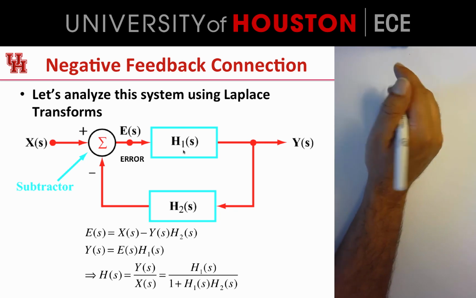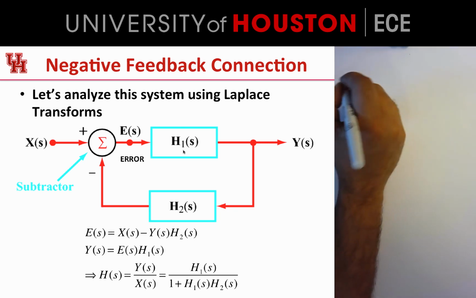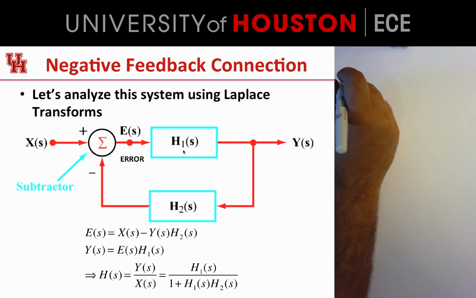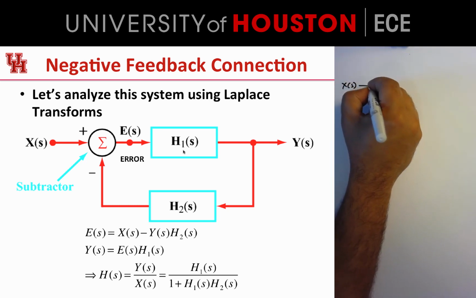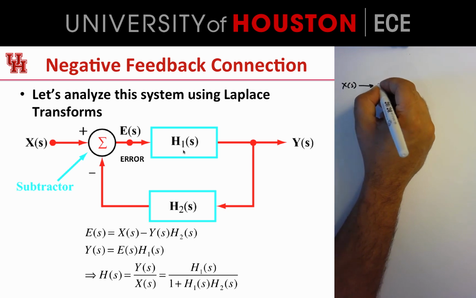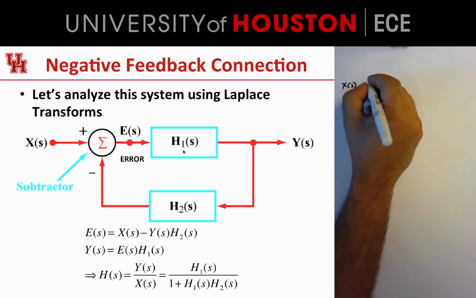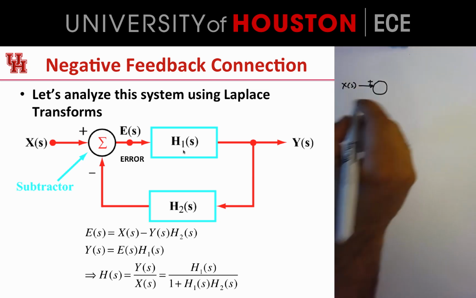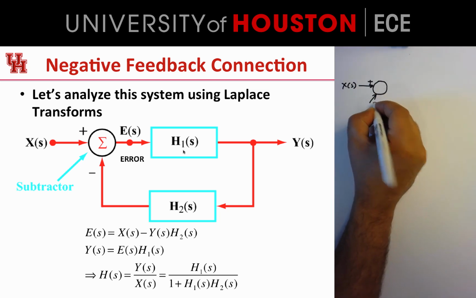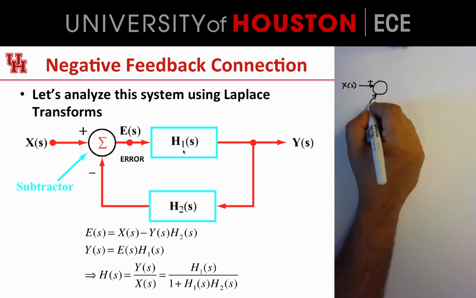One of these particular systems is called a control system. The idea is that suppose you have an input X of S. You feed it into a differential amplifier, so this one goes in with a plus sign, and the other input comes in with a minus sign.